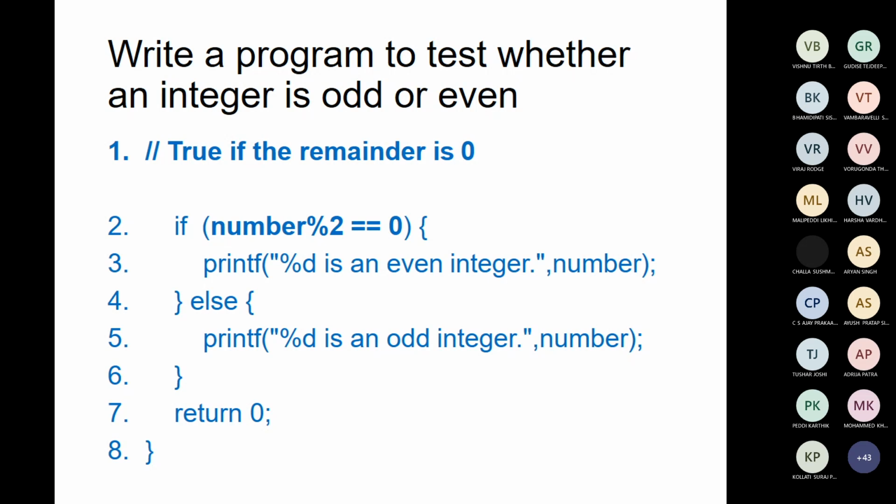If the number is even, then you execute this printf %d is an even integer. This printf statement you want to execute only if the number is even. You want to achieve the same thing by omitting the double equal to sign. Will it work? If I simply omit the double equal to sign, it will not work.